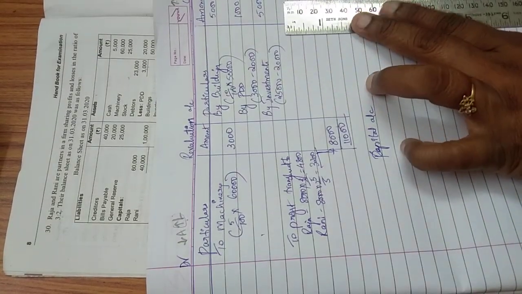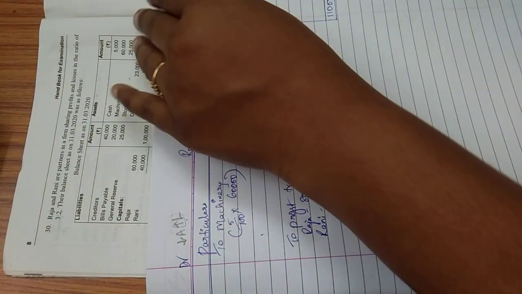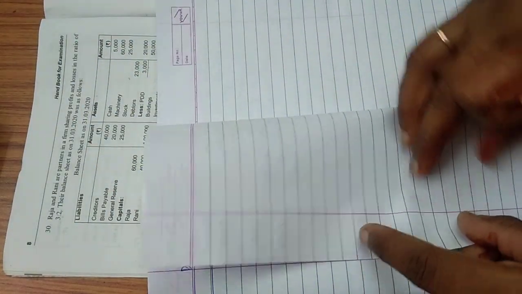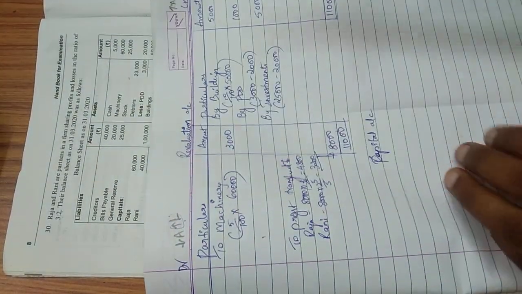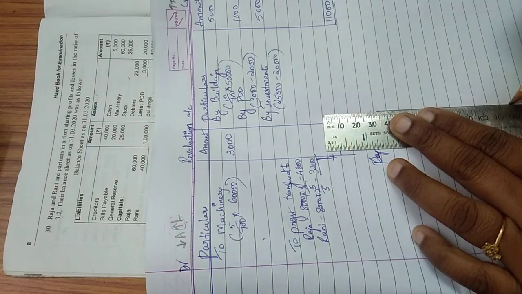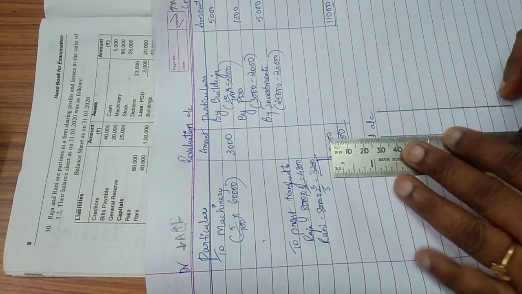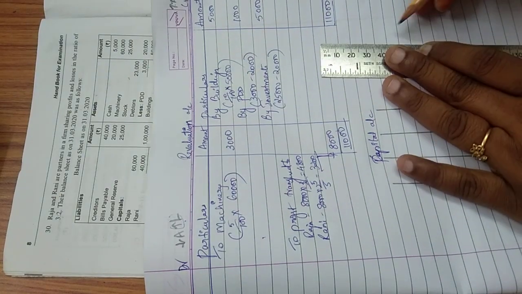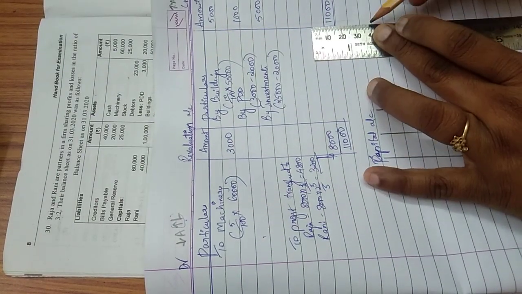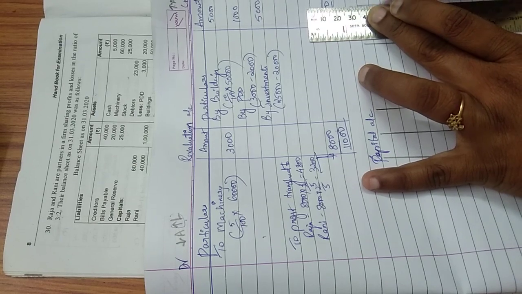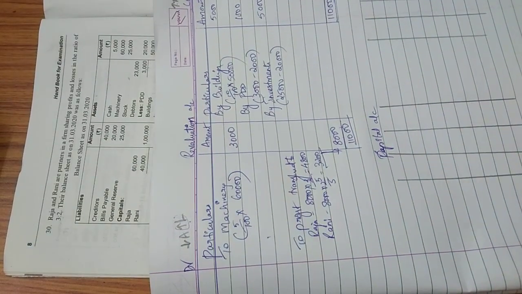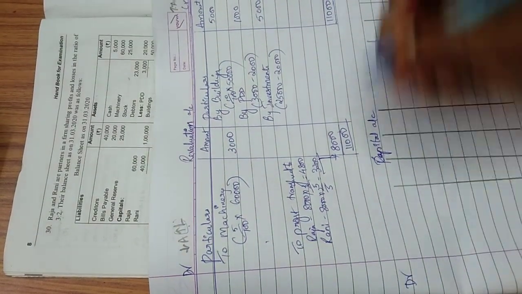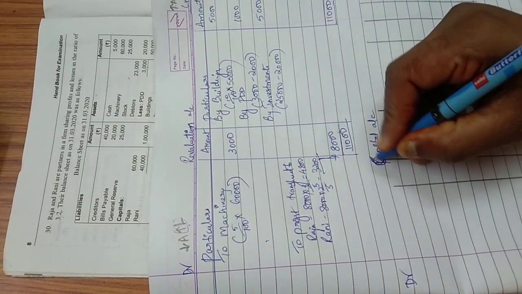Now who are the partners? There are 3 partners. Now you will write debit side, credit side. This is your capital account.